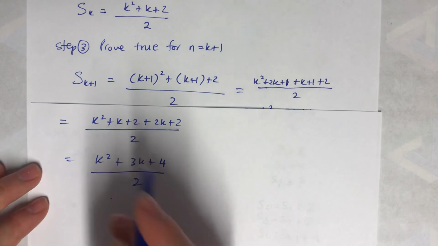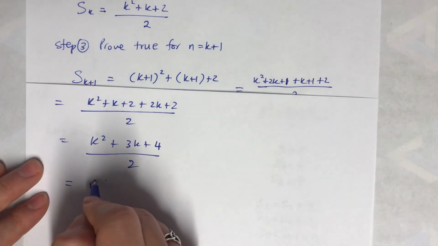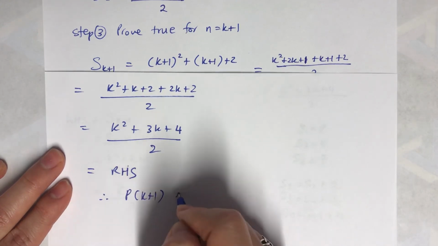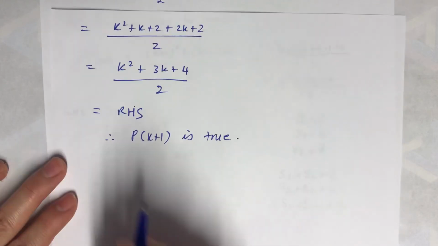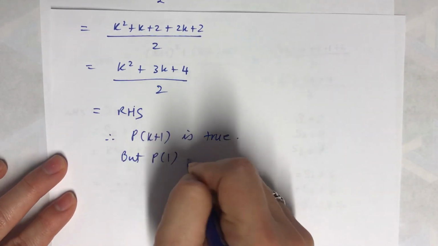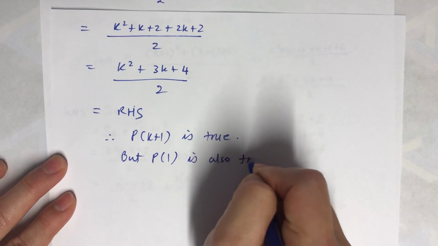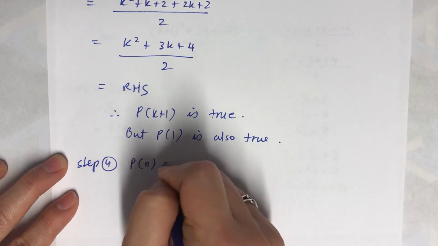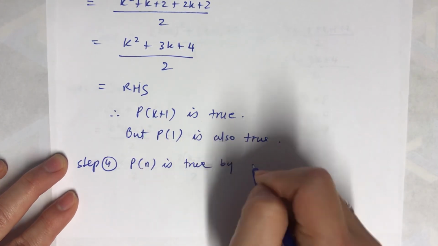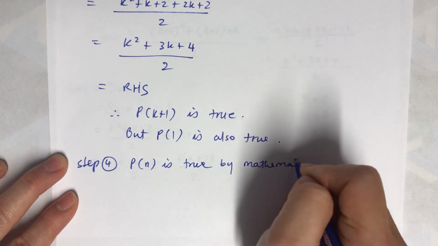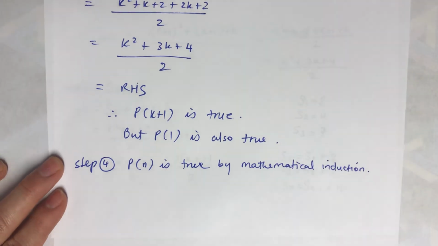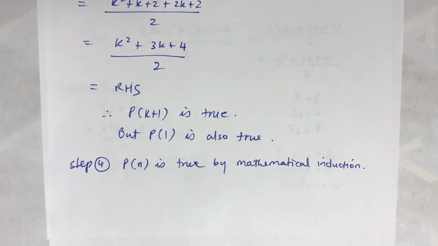So I can say the left hand side equals the right hand side, and therefore P(k+1) is true. But P1 is also true. And then step 4, we can say Pn is true by mathematical induction. Okay, that was a fair bit of it. Make sure you watch this video a few times and try to understand that. Okay, well done.